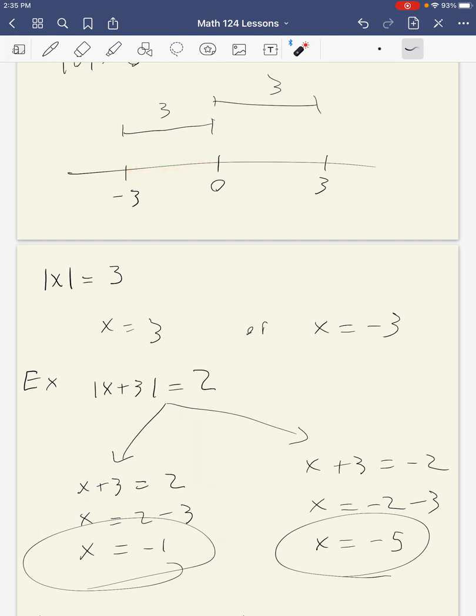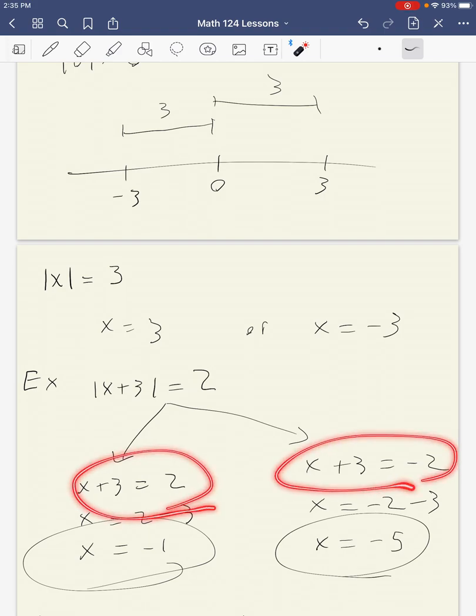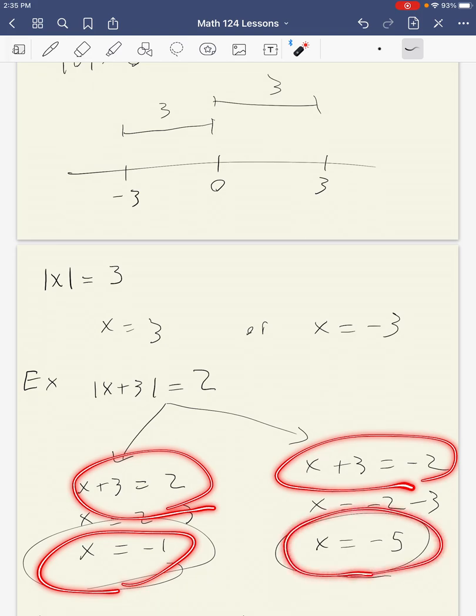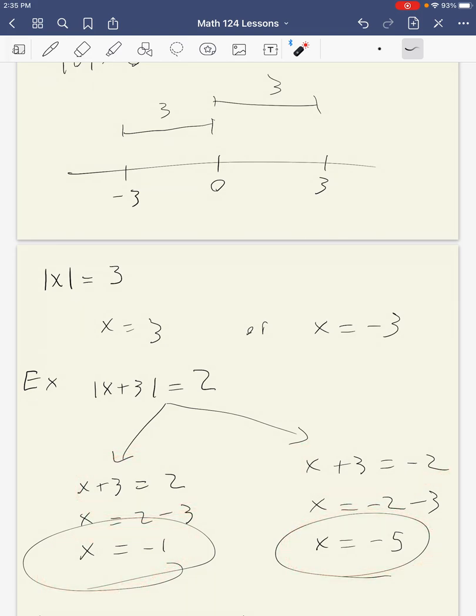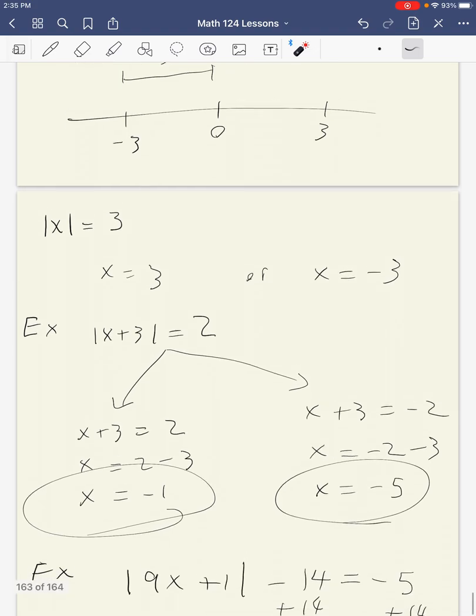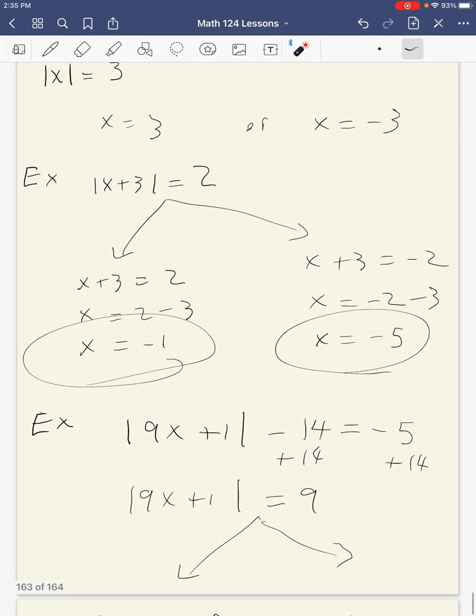Sort of allowing for the two cases, either this direction or this direction on the number line. Then we just solve these two equations and get the two solutions for the problem. So typically we will have two solutions in these types of problems.